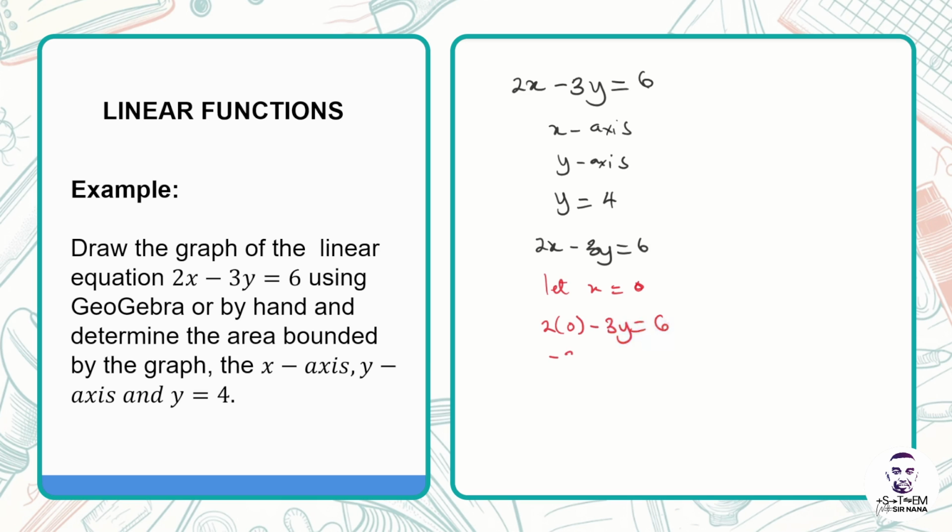That implies that negative 3y will be equal to 6. Then we divide both sides by the coefficient of y, which is negative 3, and our y becomes equal to negative 2. So the coordinates of the point for x and y will be 0 and negative 2.